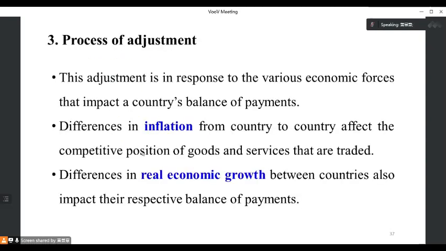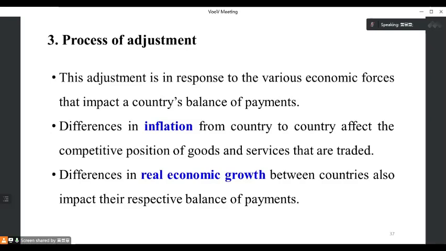How can this difference influence the balance of payments? If there is a difference in inflation in two countries, it will affect the two countries' competitive positions of goods and services that are traded.